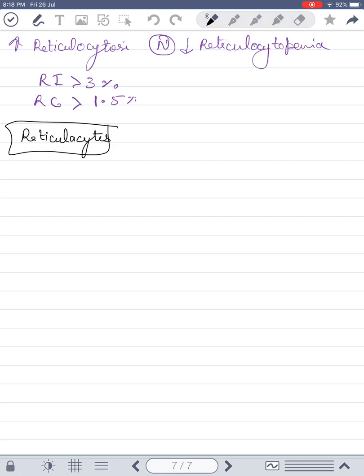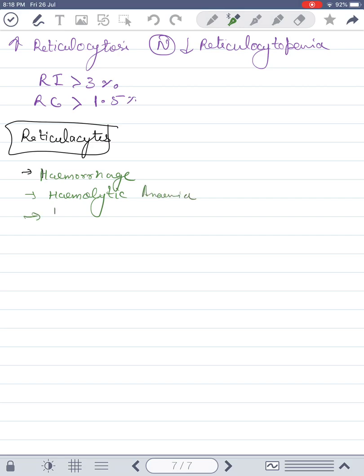How will it happen? When we lose a lot of blood, that is hemorrhage, we can have it. Then if there is hemolytic anemia, again we can have it.